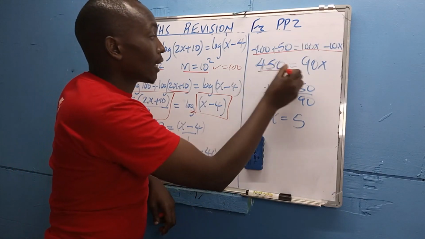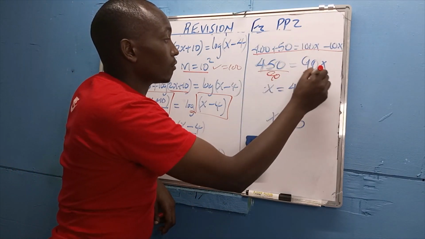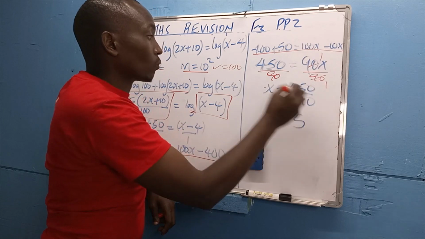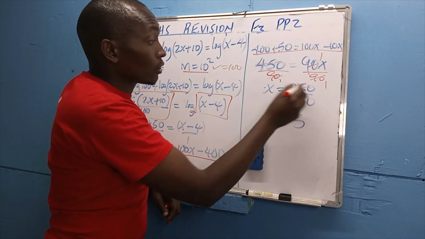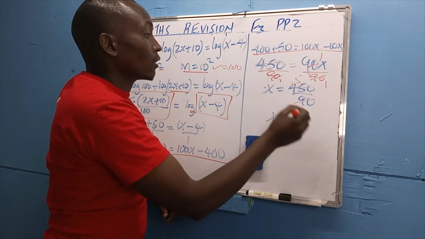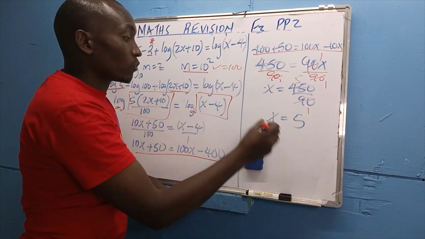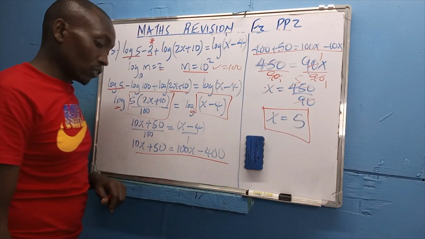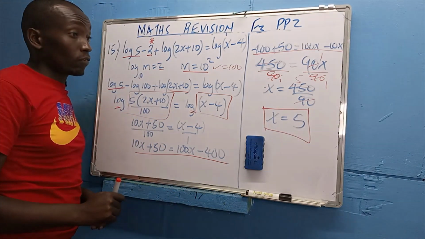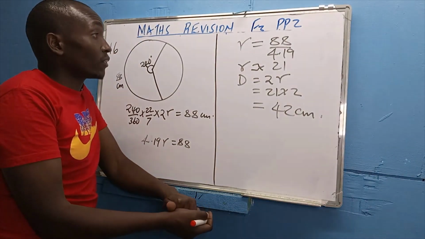So I can now divide by 90. 450 divided by 90, you get 5. So the value of x that you're looking for is 5. That's number 15.